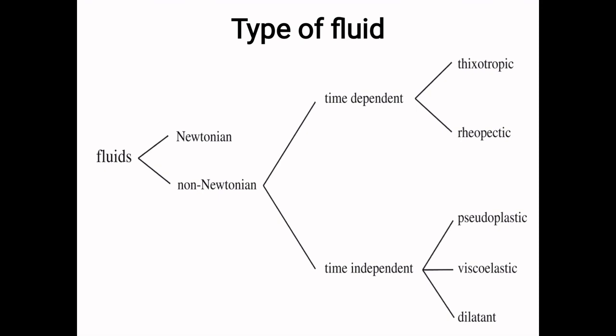So you can see in this picture the time dependent fluid, we will discuss what is the time dependent and what are the types in detail in the next slide. So time dependent is mainly thixotropic and rheopectic, while time independent fluid system are mainly pseudoplastic, viscoelastic and dilatant.